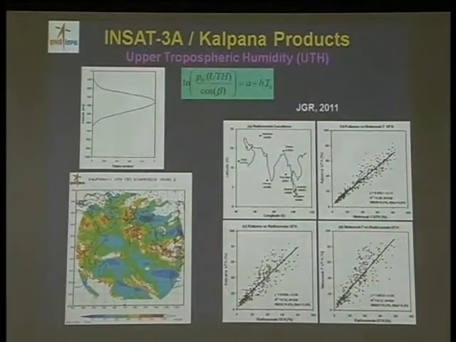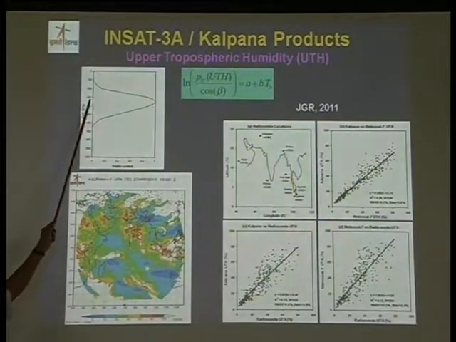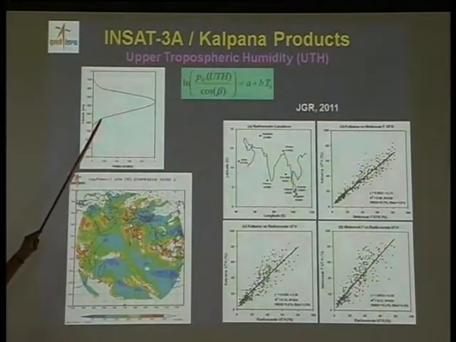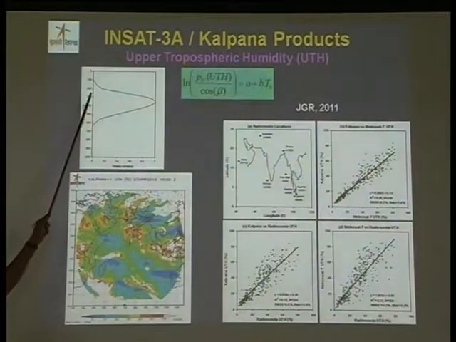Now another product is upper tropospheric humidity. By definition, this water vapor channel is sensitive to a broad layer from 500 millibar to 200 millibar by this weighting function. The maximum contribution comes from around 350 millibar, and a little contribution from 600 and 200.